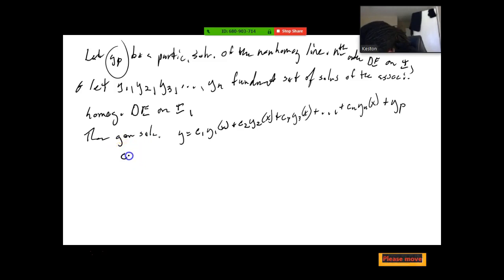The c sub i, when i is equal to 1, 2, 3, dot, dot, dot, all the way up to n. And these are arbitrary coefficients.